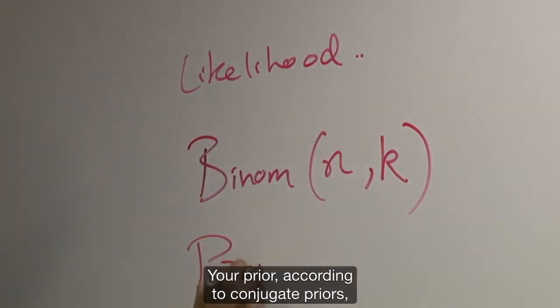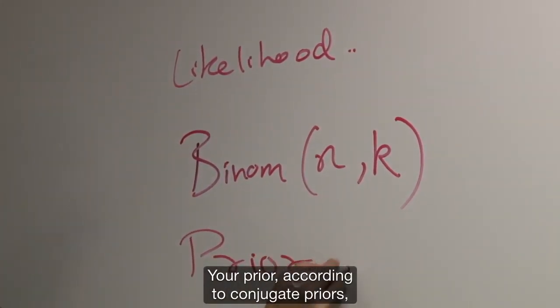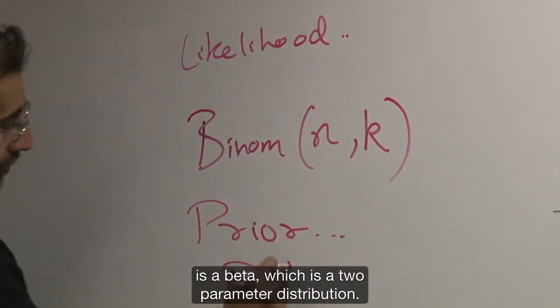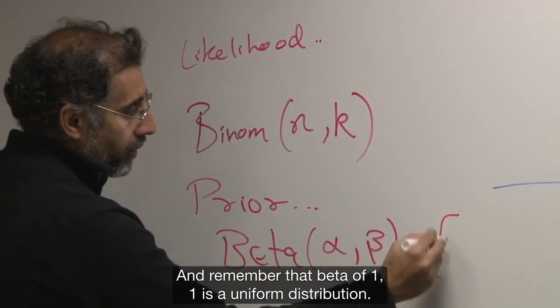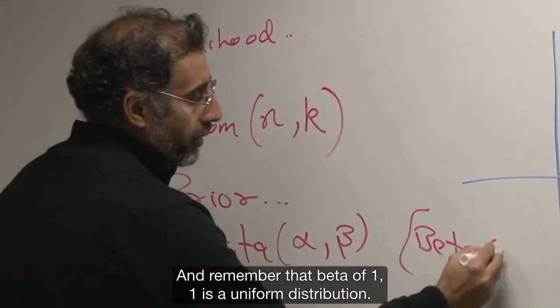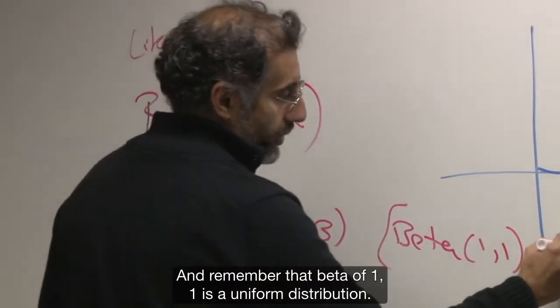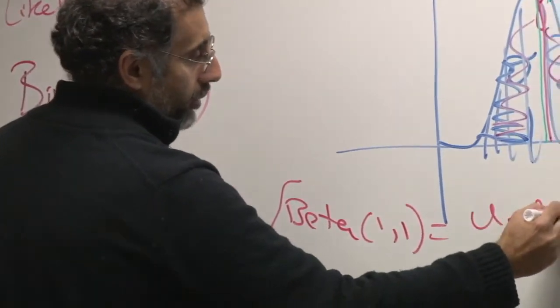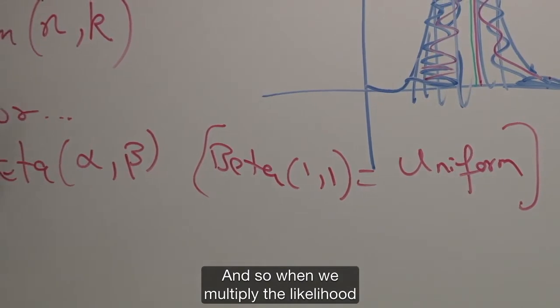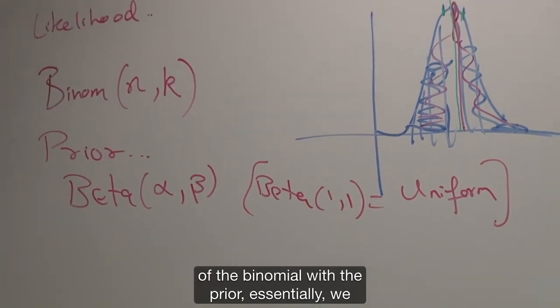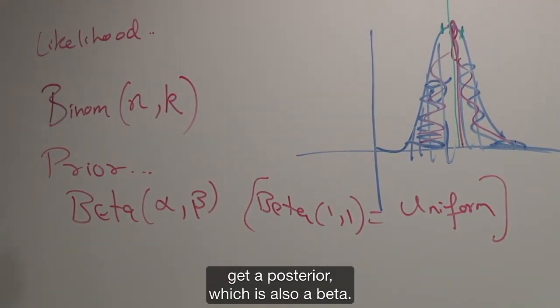Your prior, according to conjugate priors, is a beta, which is a two-parameter distribution. And remember that beta of 1, 1 is a uniform distribution. Okay? And so when we multiply the likelihood of the binomial with the prior, essentially, we get a posterior, which is also a beta.